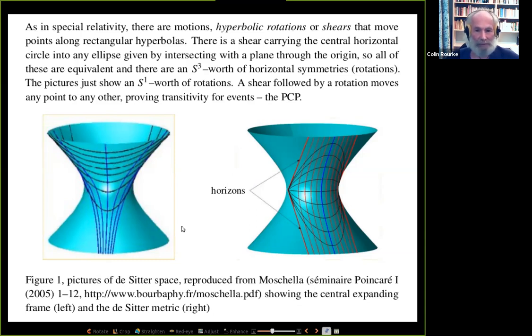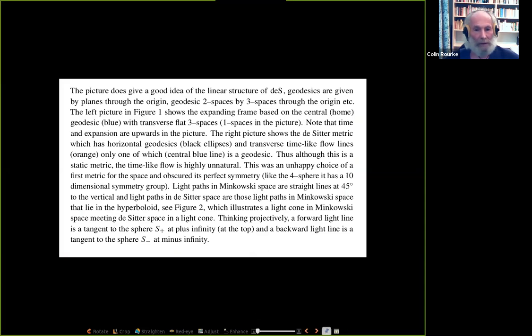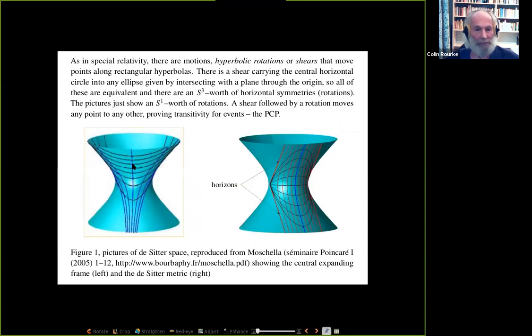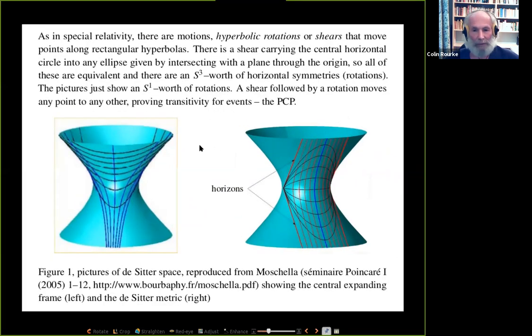It's just built in. Okay, so time's upwards, expansion's upwards. This is a picture of the DeSitter metric, and this is how DeSitter actually defines his space with the metric that does this. So he's got a central geodesic. All these other lines are not geodesics. They're not intersections of planes with the thing.